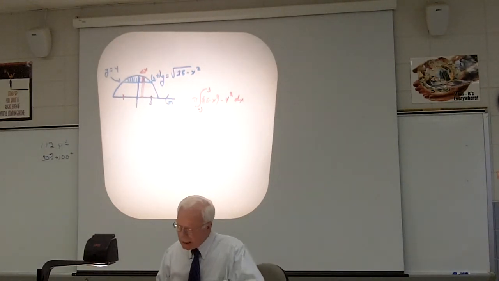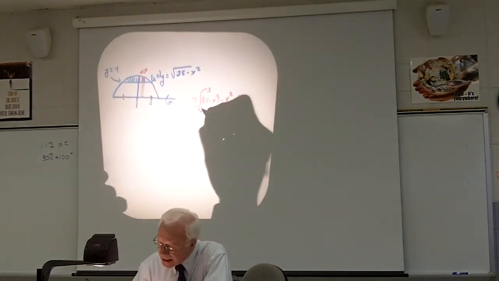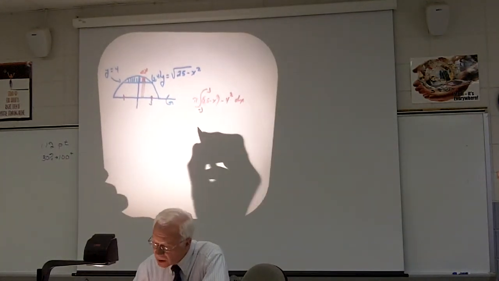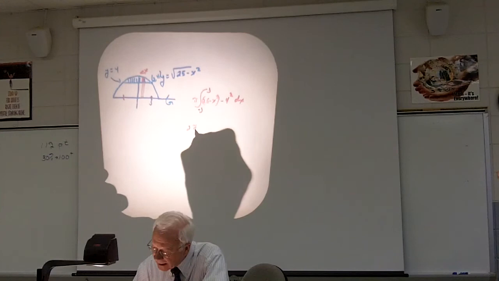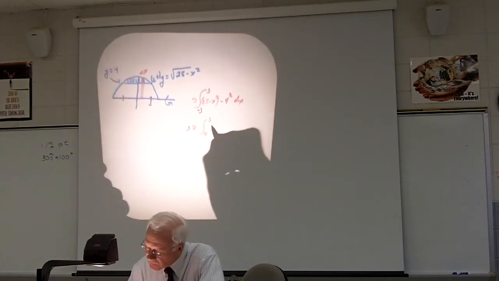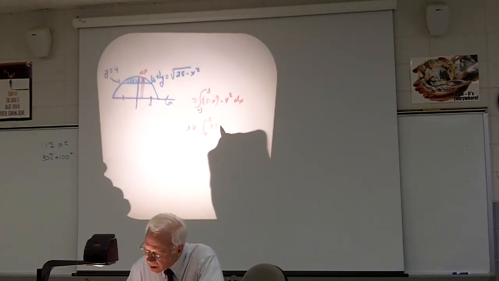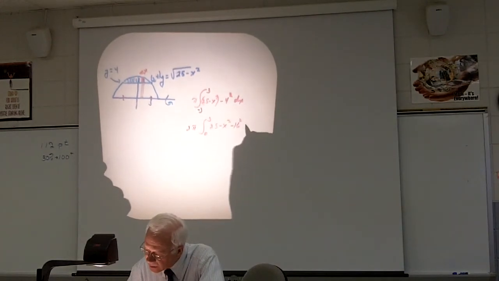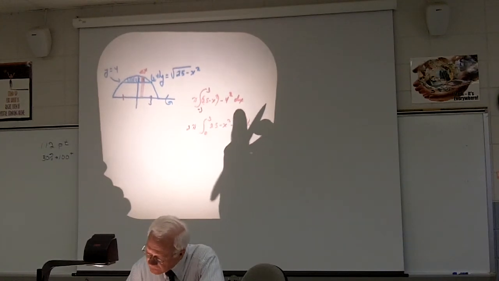Okay, now this goes pretty nice. Notice it's an even function again. So I'm going to go 2 pi, and then I'll go like this from 0 to 3. And look what happens here. 25 minus x squared minus 16 dx. No, it's just 16, you already squared the 4.